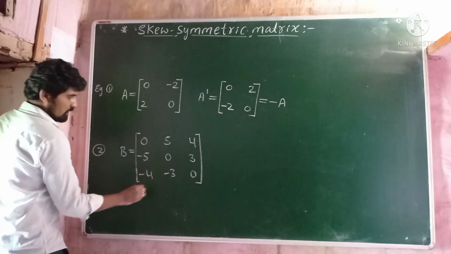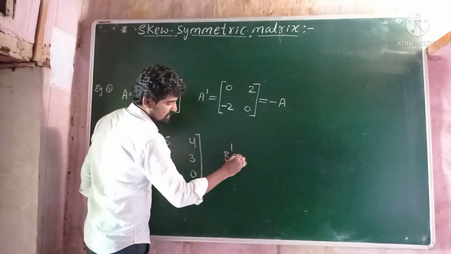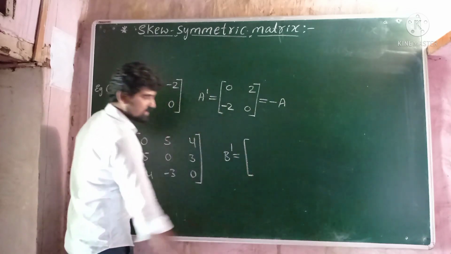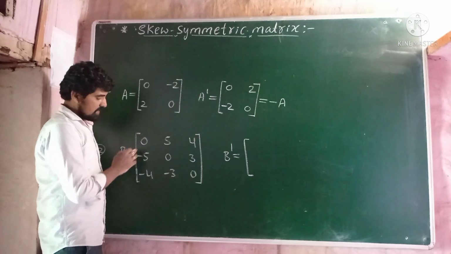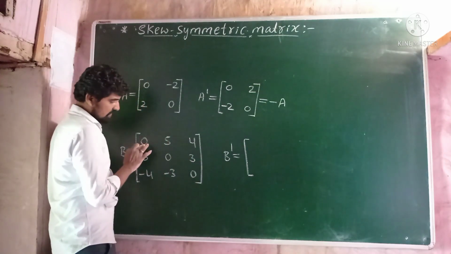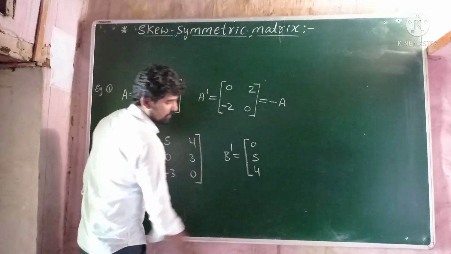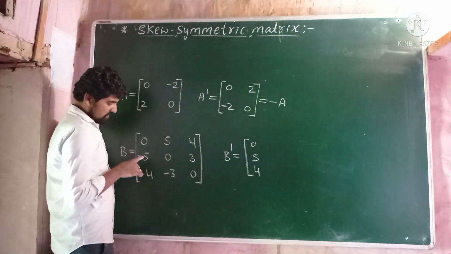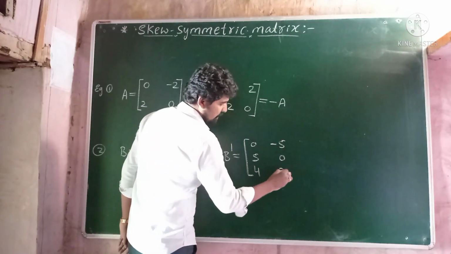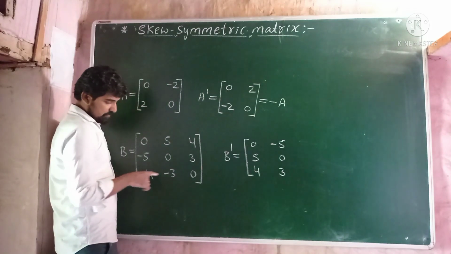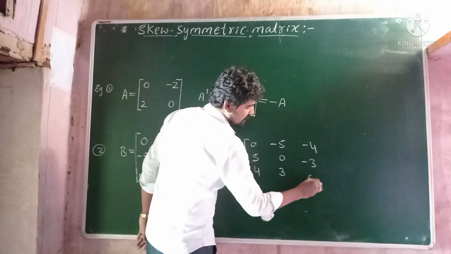Now the transpose of this matrix B is B dash, and B dash matrix is obtained by interchanging rows and columns of this matrix B. First row becomes first column: 0, 5, 4. Second row becomes second column: -5, 0, 3. Third row becomes third column: -4, -3, 0.